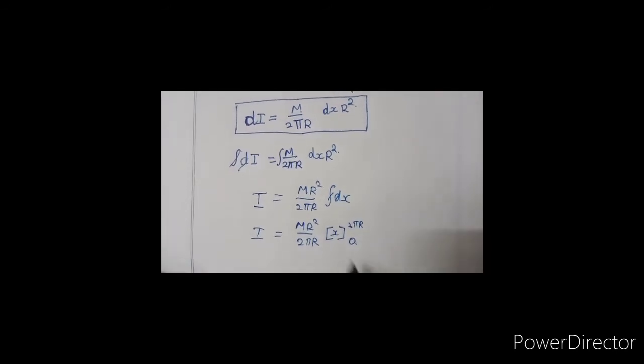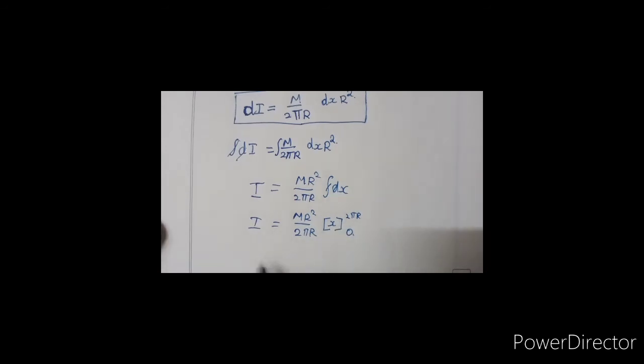So I is equal to m r square by 2 pi r times x. When we solve this, the upper limit comes first minus the lower limit.